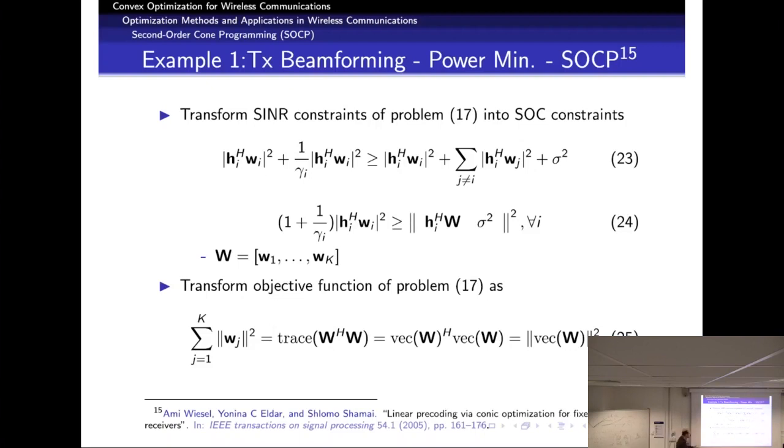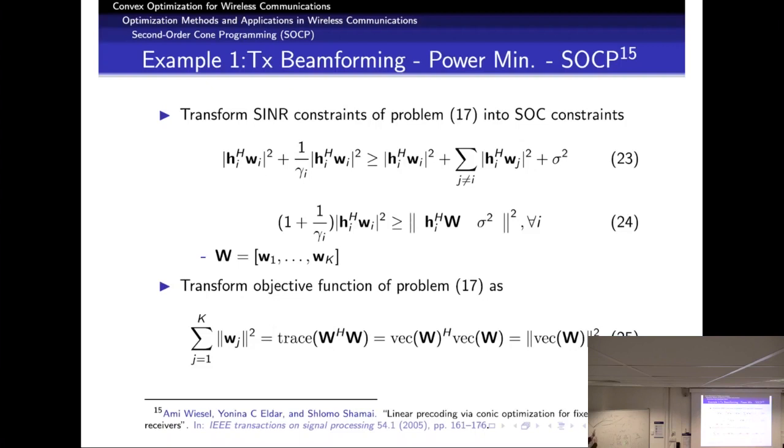And now there is this nice property of a trace. A trace of a product of WH by W is actually a product of their vectorized form. So this is just a formulation. Vec, you remember what is vec? Vec is obtained by vectorizing this matrix. So I have a column here, a column there, and I stack all those vectors.